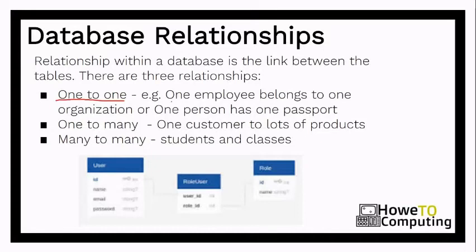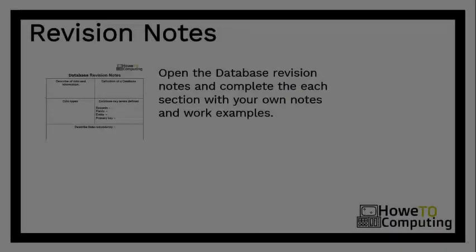For example, you could be one customer on an online shopping site, but you can then buy lots of different products. A many to many, for example, is students and classes. There can be many students and many classes. So these are the ways that databases link. The way they are shown on a database is like this, where many is an infinity sign, and one is just a dot.